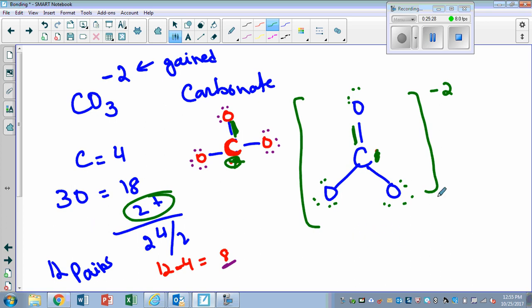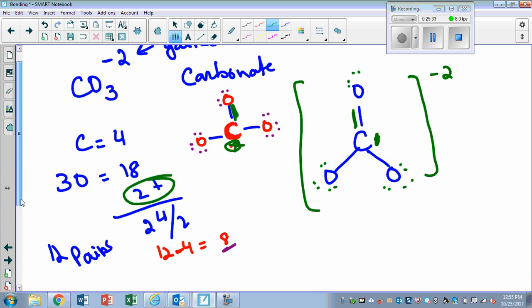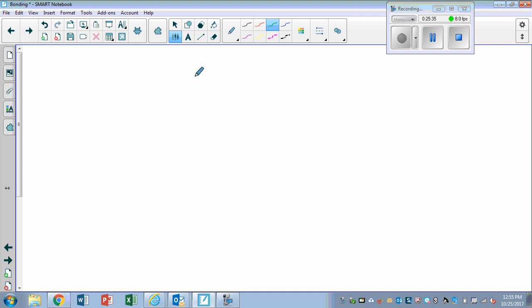This also takes us into the topic of resonance. That's another topic that's called resonance. Resonance means your double bond is going to rotate between the atoms that it's bonded to.